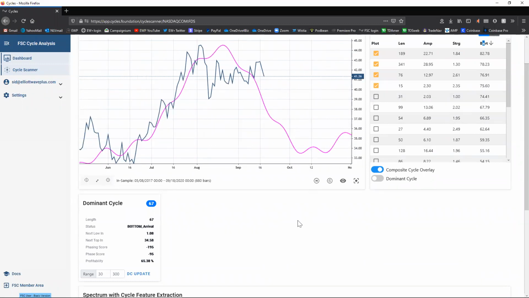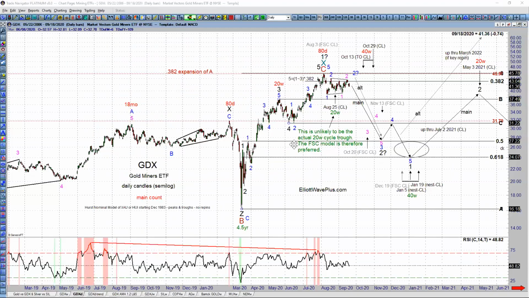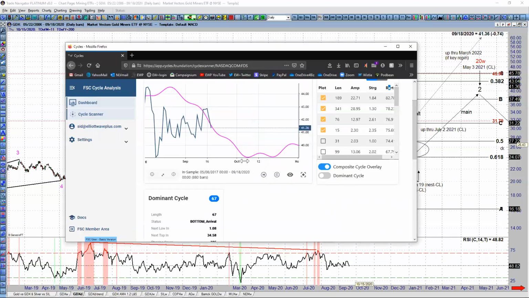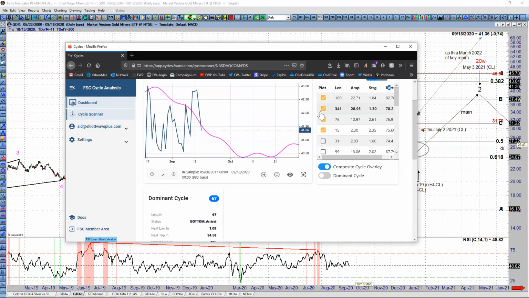So that is looking lower through October 6th, something like that. Let's take out that super long one.